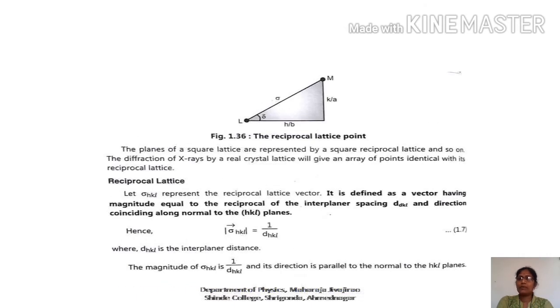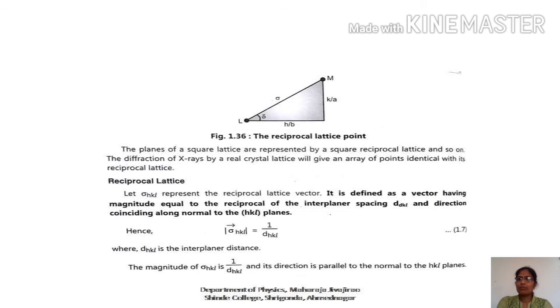So, a reciprocal lattice vector d hkl is defined as a vector having magnitude equal to reciprocal of interplanar spacing d hkl and its direction coinciding along normal to the hkl plane.